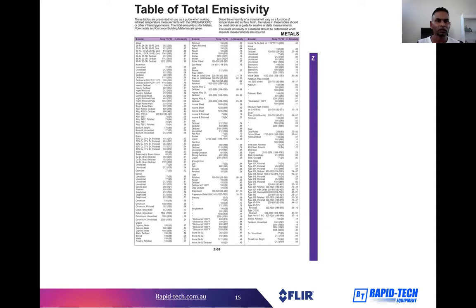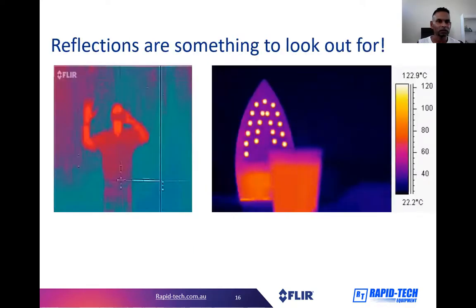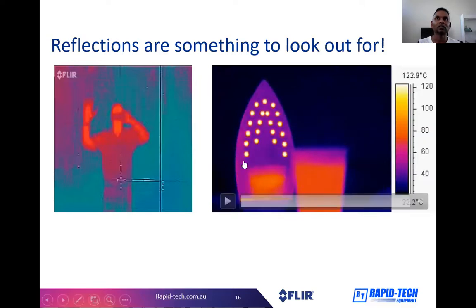Sometimes you get instances like this where you're looking at something reflective, in this case something like this iron, and it's showing a hot spot there, but it's purely reflective. So the actual iron surface is not emitting its infrared energy. The infrared energy is getting reflected from a different source.